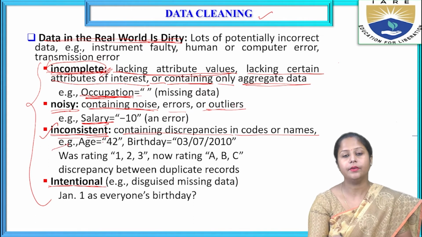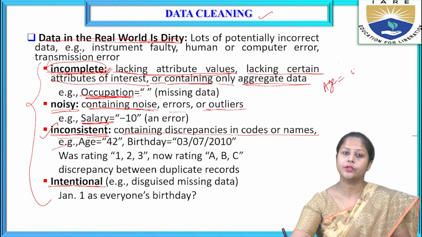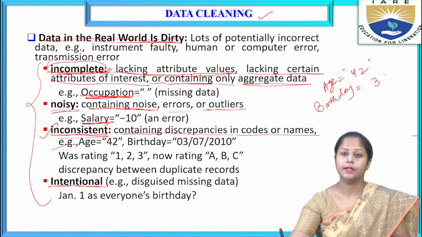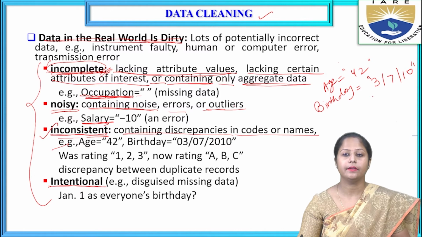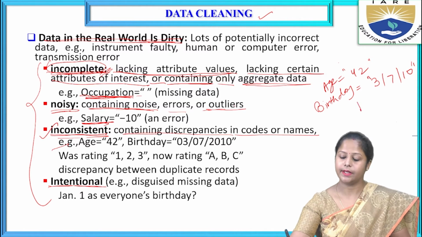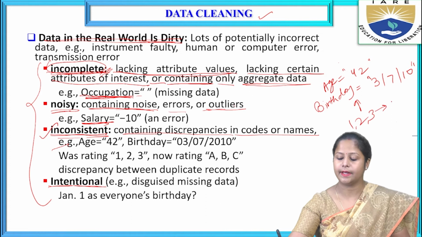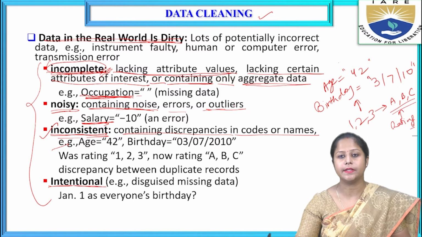For example, age is equal to 42 and birthday is equal to 3/7/10. Or a rating that was earlier 1, 2, 3 has been changed to A, B, C. That is the discrepancy.